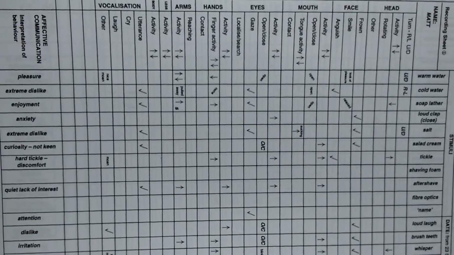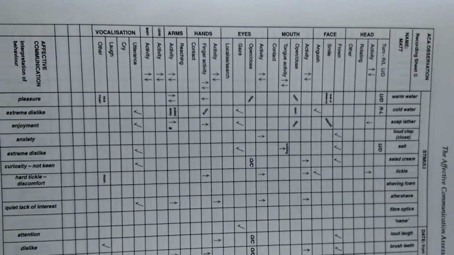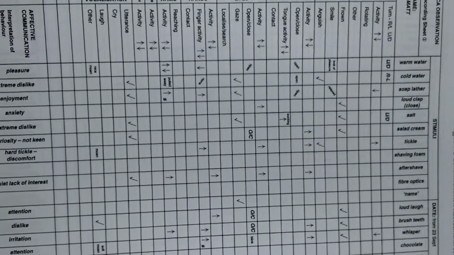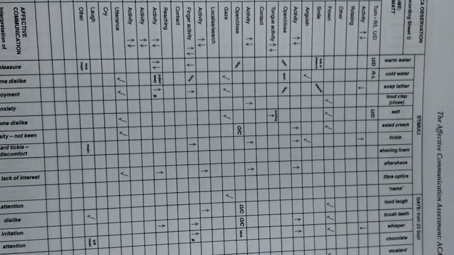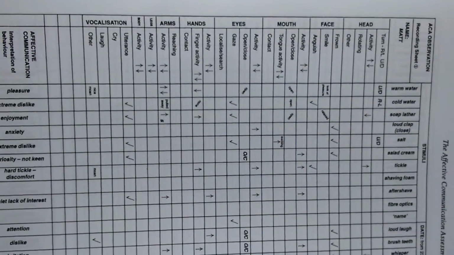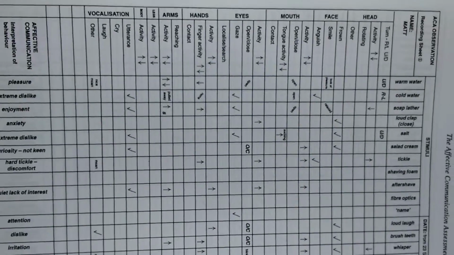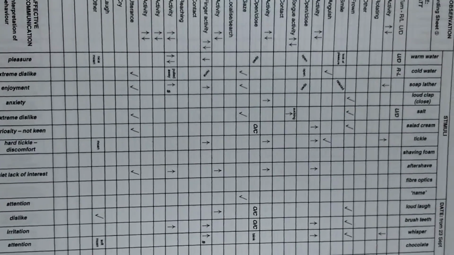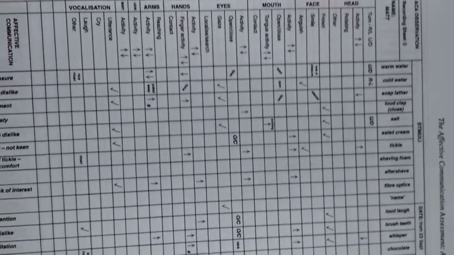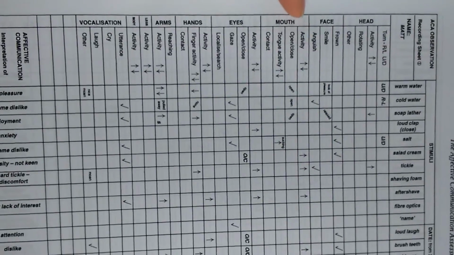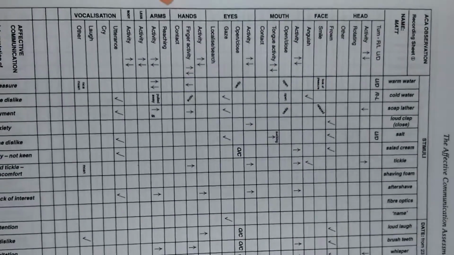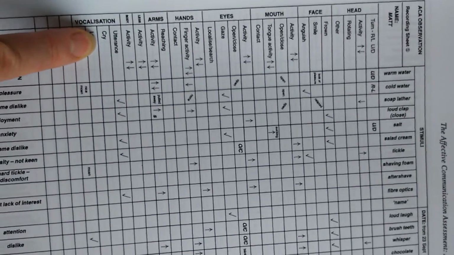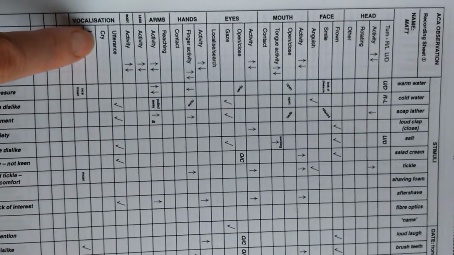Maybe this is the way that you can identify that they're actually giving you a yes or a no. And I've also found this really useful for young people where staff members would say, oh no, they suddenly get upset and there wasn't a trigger or a build up to it. Often what you'll find is that there've been lots of subtle signals, maybe in other parts of the body, that they hadn't interpreted as communicating protest or dislike before the point where they actually started to express it in a way that the adults around them were able to interpret.